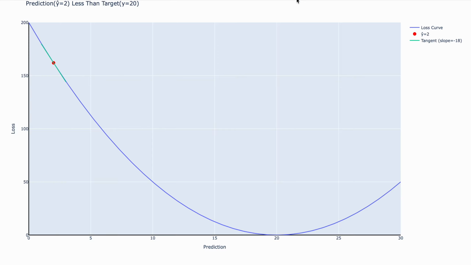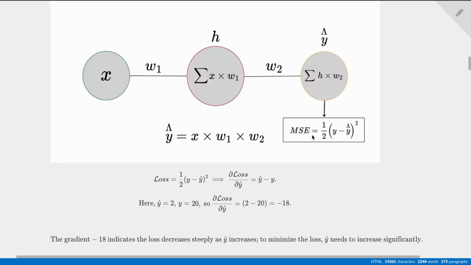What I did essentially over here is how I plotted this. I always like to know, when I was watching tutorials, how the instructor got this curve. What I did was I plugged in all the values possible from 0 to 30 into y hat. So 1/2 is given. Y is given, that's 20.